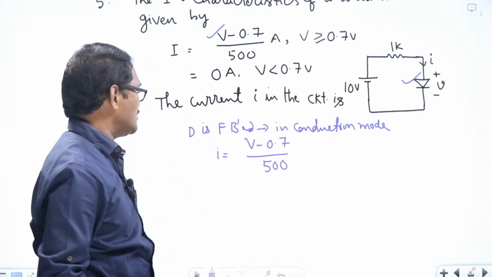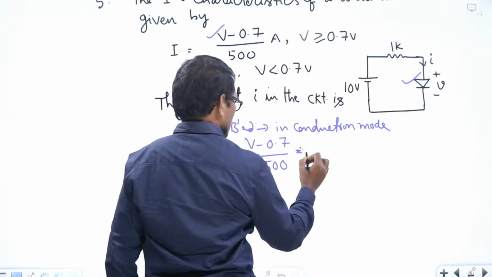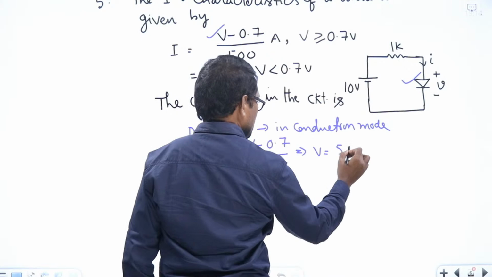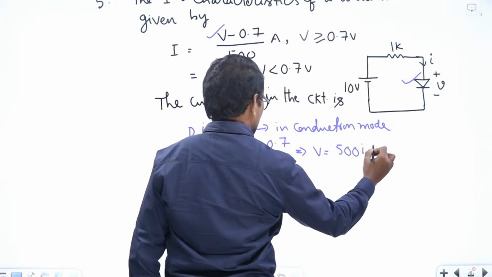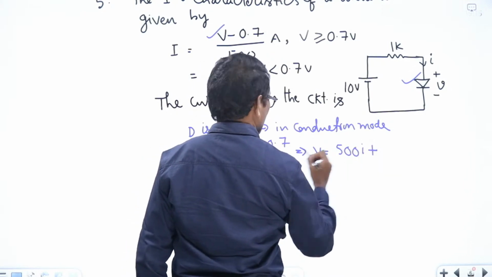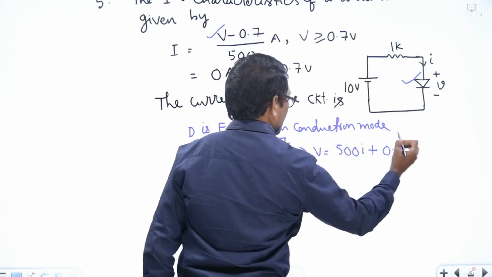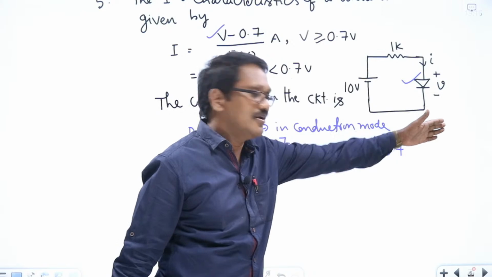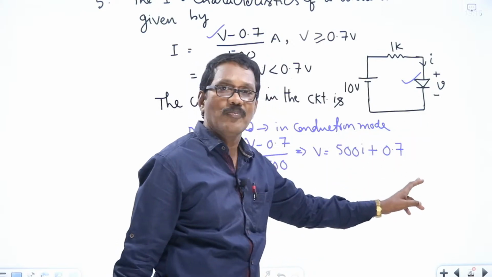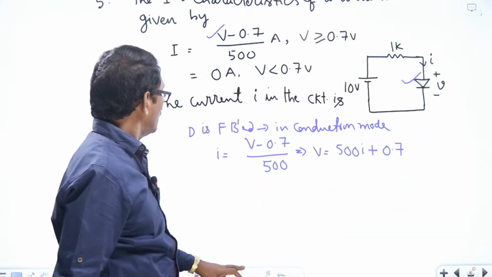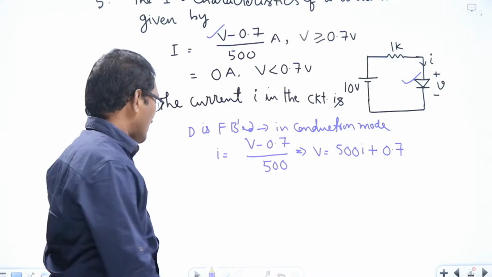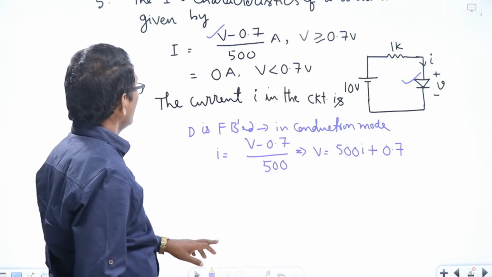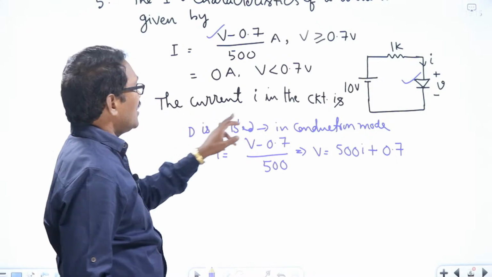What does it mean? From this, you can say V is equal to 500 I plus 0.7. That means the voltage across the diode is equal to 500 I plus 0.7. Right? So, by KVL, what you have to calculate is the current in the circuit.